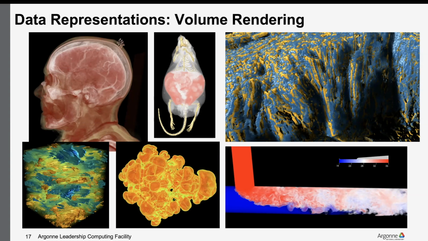And so what this is essentially is you cast rays through a volume, take samples along those rays where it intersects with your grid, and for various values, you have a lookup table that says, here's the range of values, how do I map those values to a range of colors and transparency?